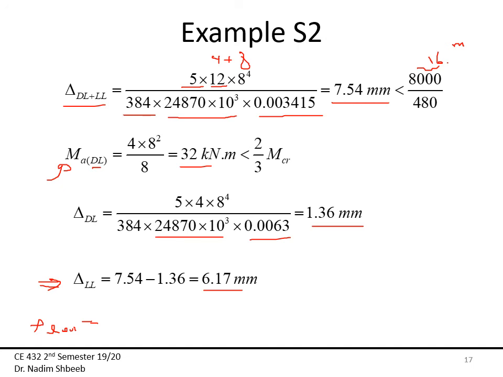Then xi for after 5 years is equal to 2, then the long-term deflection would be equal to 2 times, this is now due to the sustained dead load, times 1.36, plus the deflection due to the immediate live load, which we just calculated to be 6.17. So this answer right here, let's say this is 1.4 times 2, 2.8, 2.8 and 6, that's 8.8, 17, this is around 9.07 millimeters, okay?